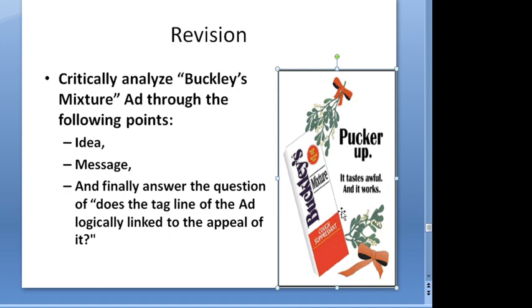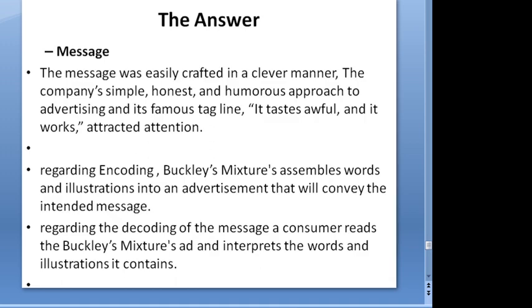It tastes awful and it works. Yes, they used a tie, which means that it's a gift. They used herbals, which means it's natural, cough syrup, and so on. Regarding the decoding of the message, a consumer reads the package, pictures, and interprets the words and illustrations it contains.